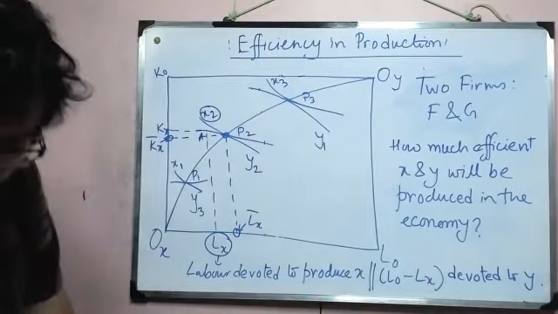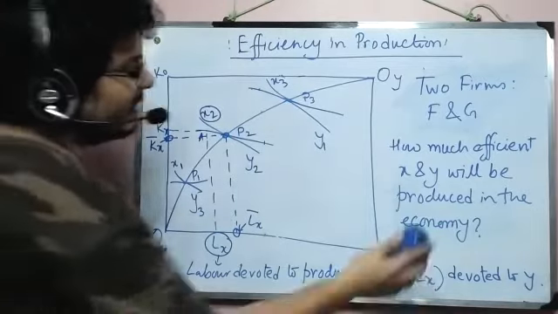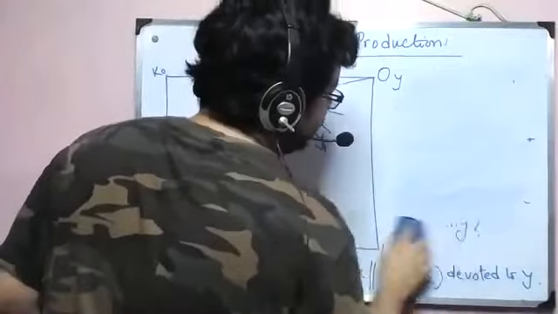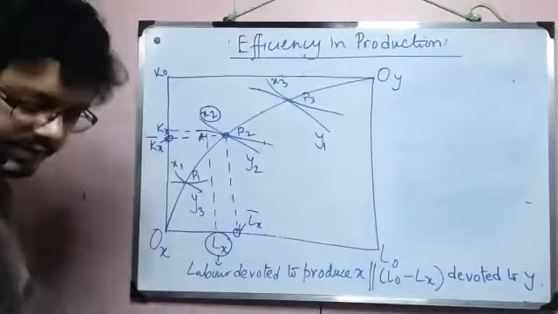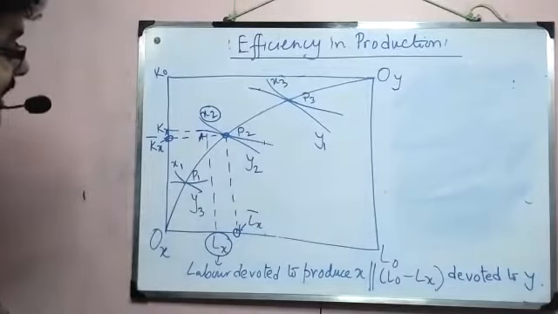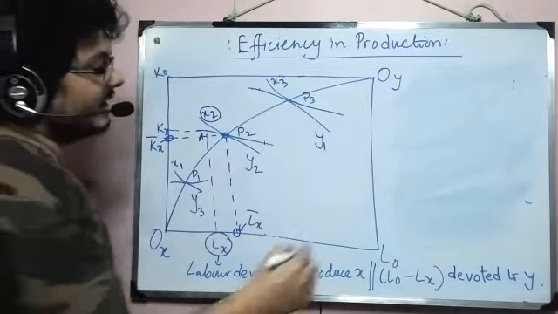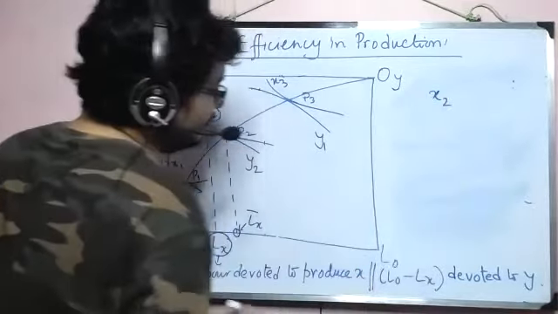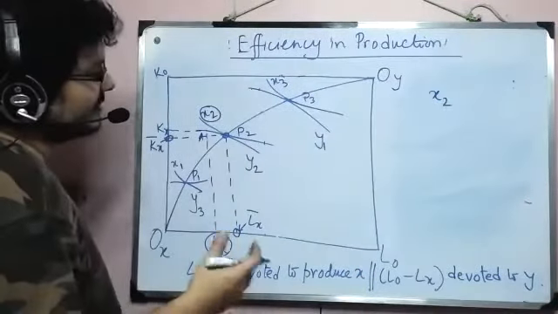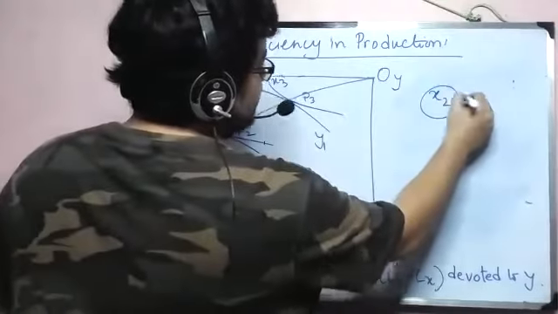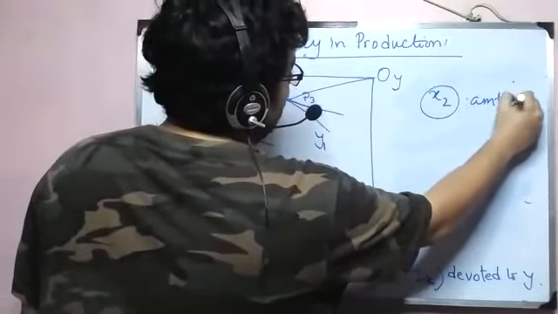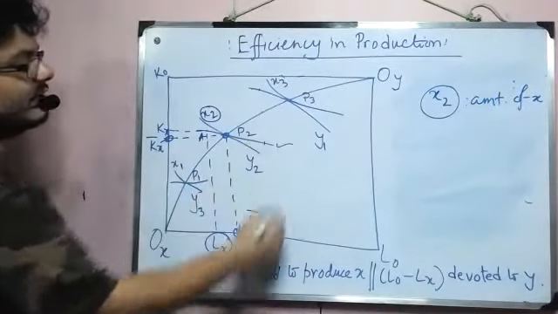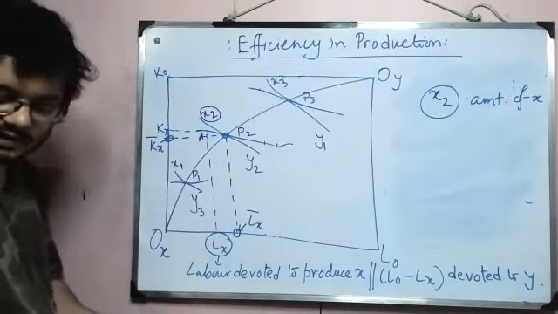X2 represents the different combinations of K and L which can produce, for simplicity, X2 amount of X. Okay, so that's what this isoquant signifies.